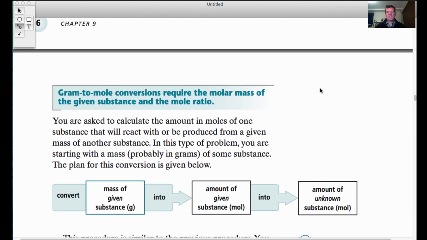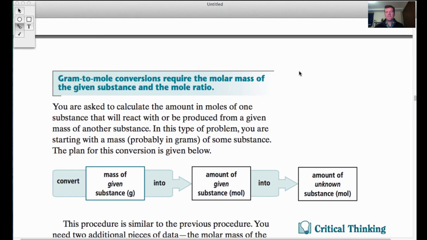Actually, let me set this up and I'll show you. Let's say we have something like this. Here's a general reaction, and I suggest you set up a table. Now, some of you will be able to see the mathematical calculations fine. You won't use a table, no problem.